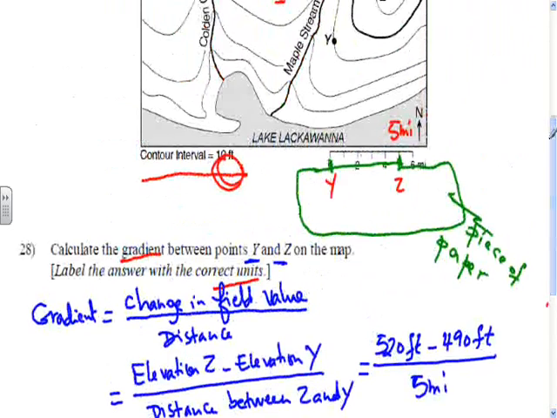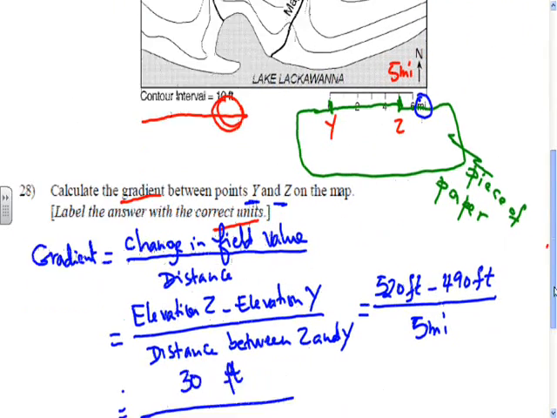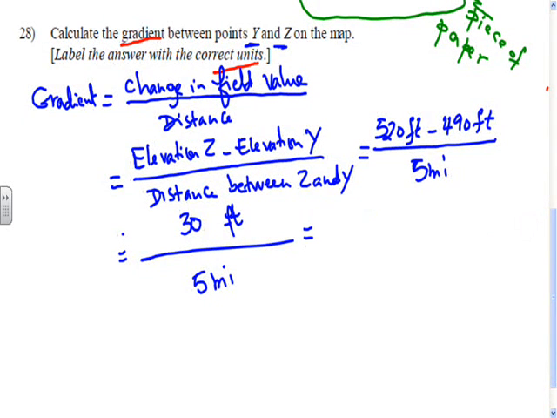Because the scale is given in miles right here. And now, simple division, 30 divided by 5 is 6. How about this unit? Remember that the units act like numbers. Feet divided by mile. But actually we don't write it like this.